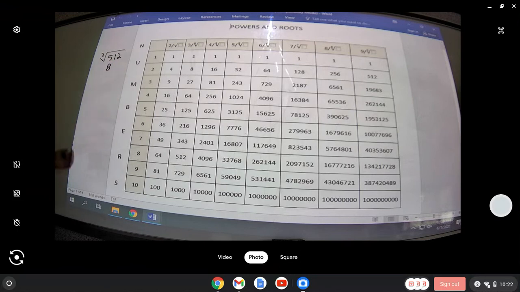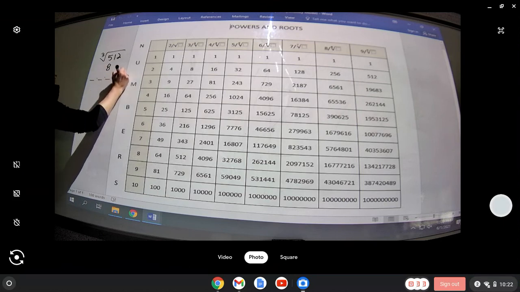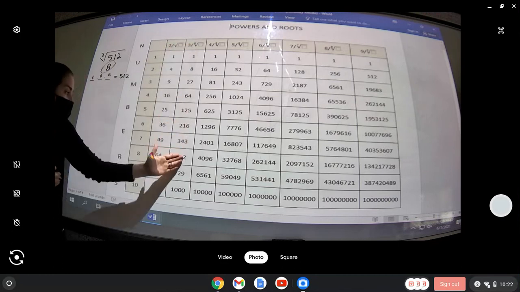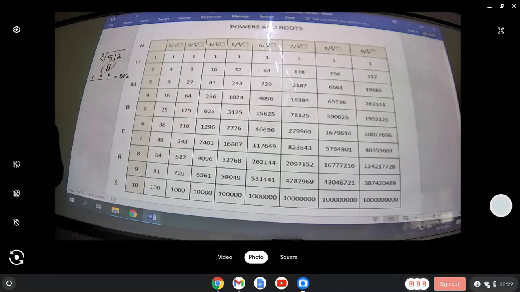Because the third root of 512 is literally asking you, what can you times by itself 3 times that will equal 512? Guys, it's 8. 8 times 8 times 8 is 512. So the third root of 512 is the number 8. And that's how the chart will help you. It'll be right there in front of you if you just have to use the chart.